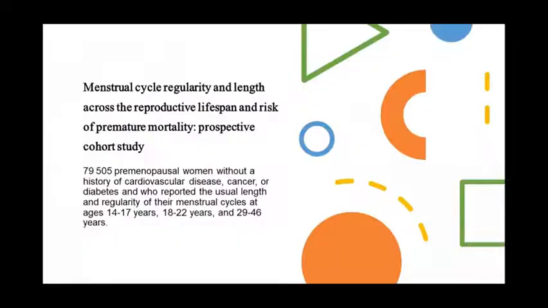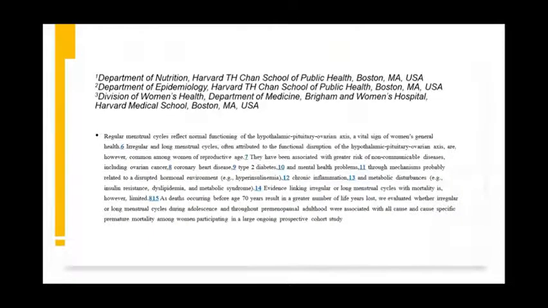Or are they trivial? So this study, which is a prospective epidemiological study that was done in Harvard in the US, on the projection of 30 years, around 80,000 premenopausal women were enrolled into this study, and they were requested to report their usual length and regularity of the menstrual cycle at the ages from 14 to 46.